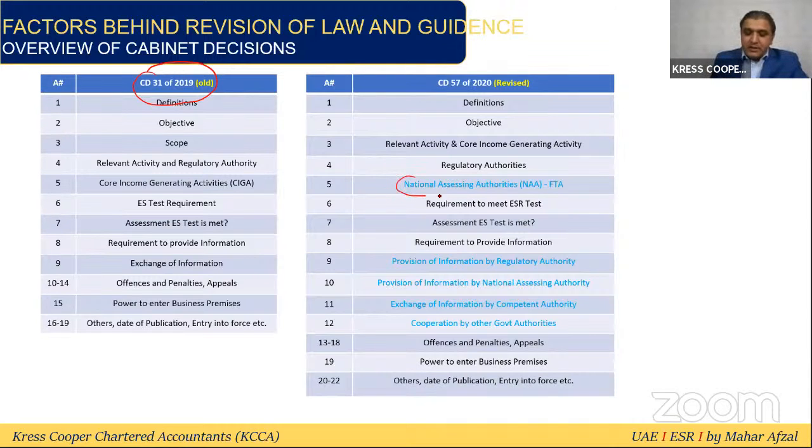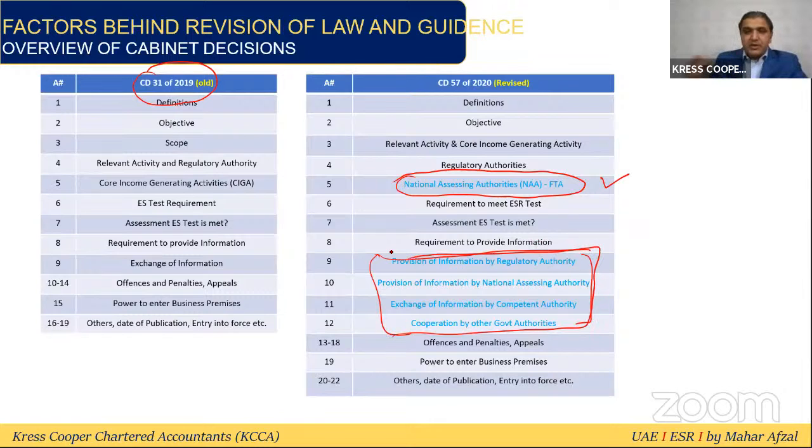These are the key areas where changes have been made. There was no concept of a national assessing authority in the previous cabinet decision, which has been introduced. Moreover, in the provision of information by the regulatory authority, the hierarchy has been changed, in terms of how this information will flow. These were the key areas where the changes were introduced.